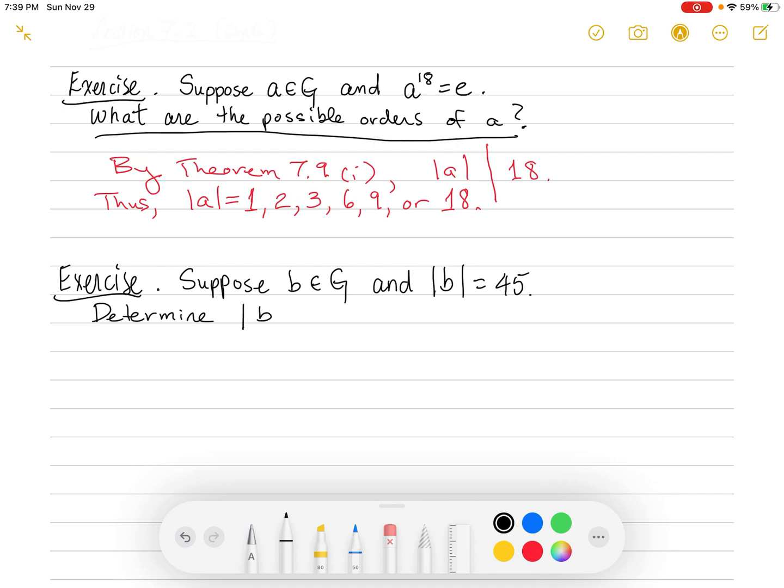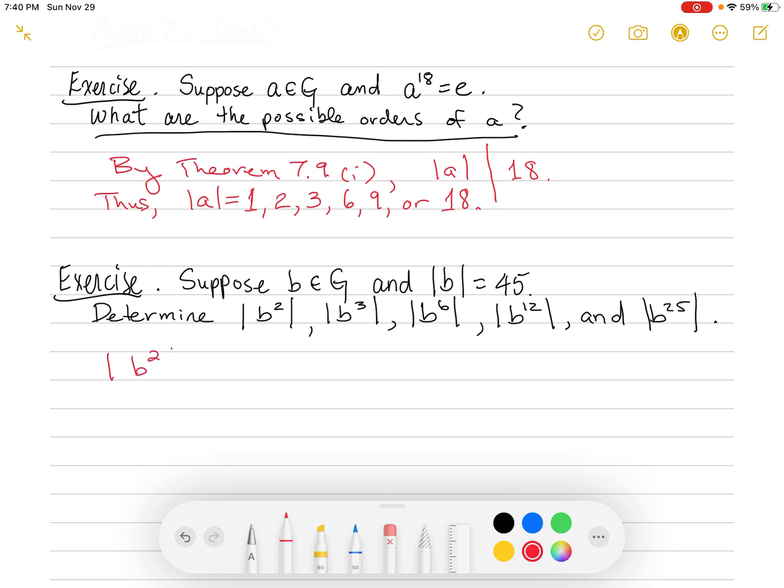Determine the order of B to the second, the order of B to the third, the order of B to the 6th, the order of B to the 12th, and the order of B to the 25th. Okay.